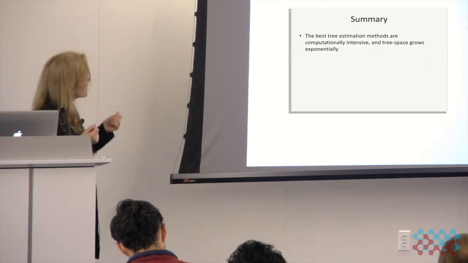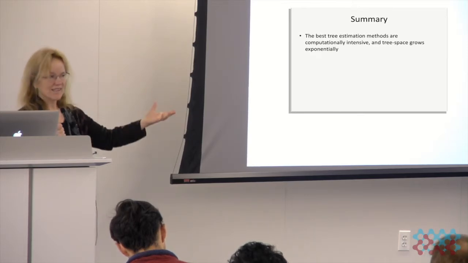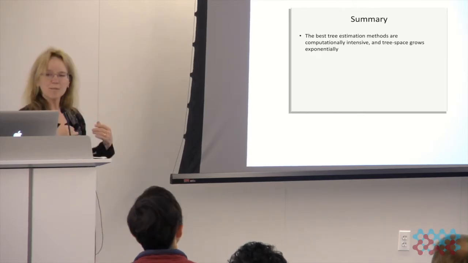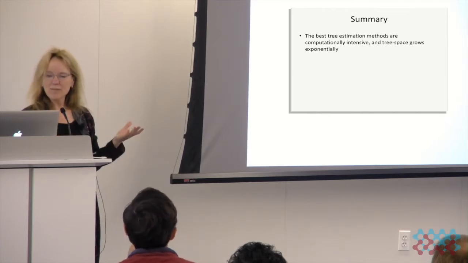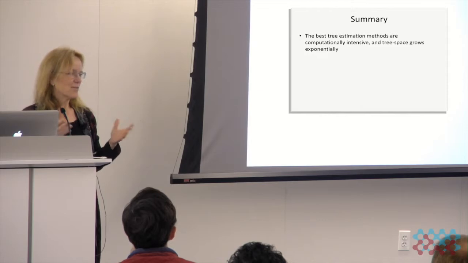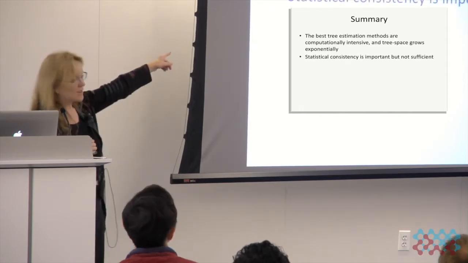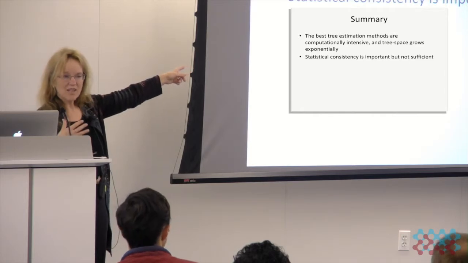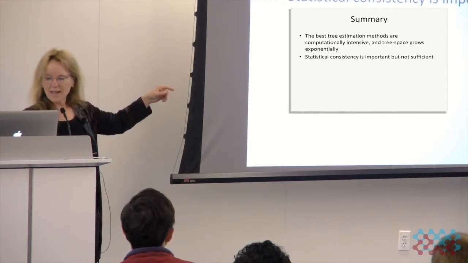Okay, summary. The best tree estimation methods are intensive. They're generally statistically designed, so they're doing either maximum likelihood or Bayesian. They don't work on large data sets, and tree space grows exponentially, so because of that, you're going to have problems. Statistical consistency proofs are nice, but they don't actually tell you about relative performance between methods.